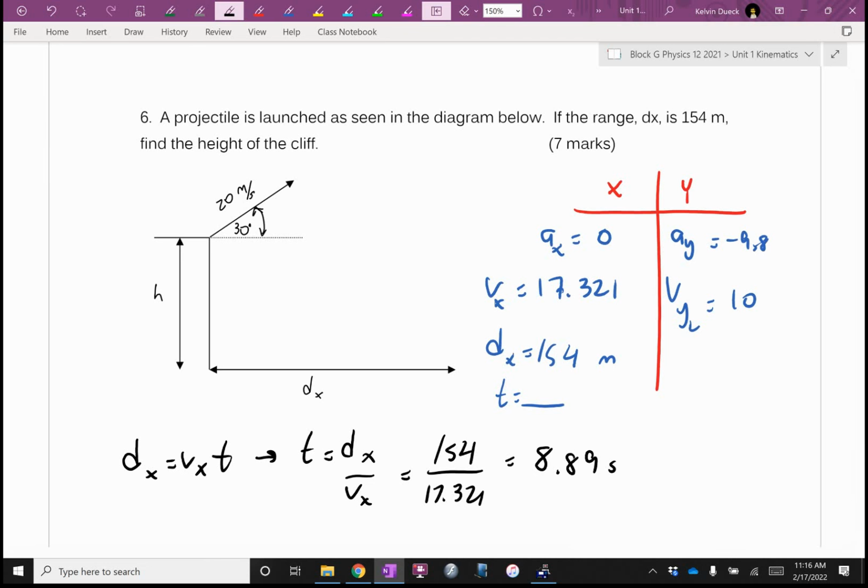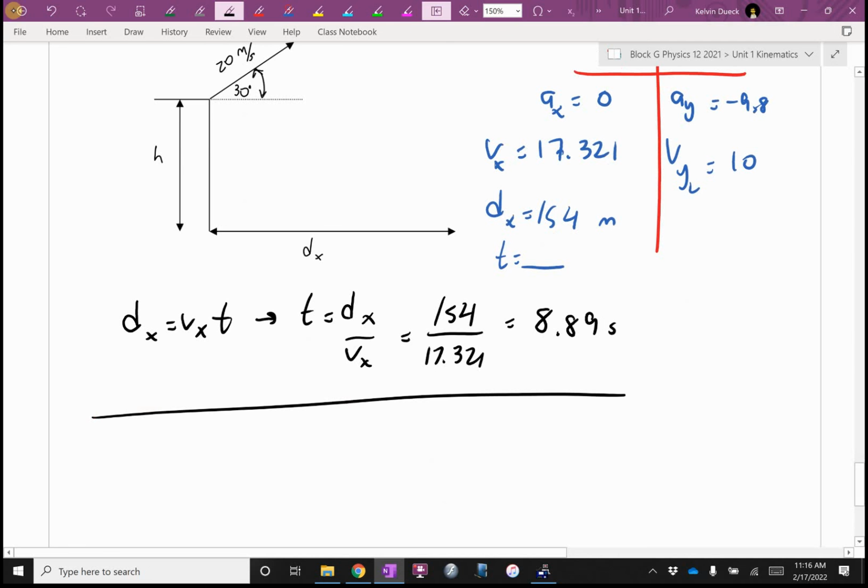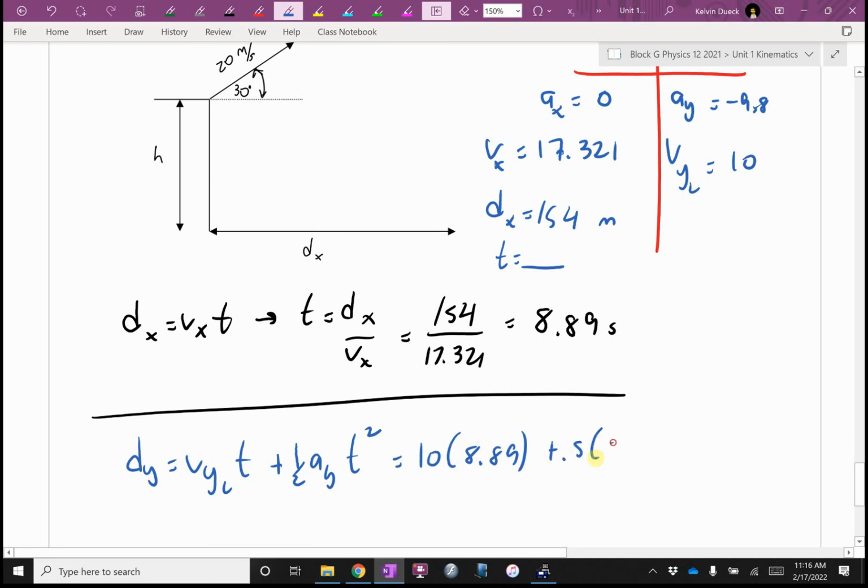What did they ask me to find? Oh. Well, I guess dy equals vy initial t plus a half ay t squared, our old friend. It's going to be 10 times 8.89, I'll use my answer button, plus 0.5 times negative 9.8 times 8.89 squared.